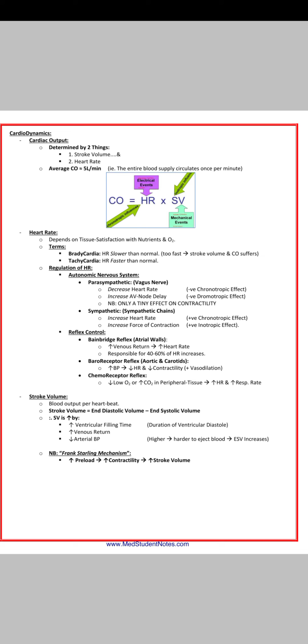So when the arterial blood pressure decreases, the ventricular contraction increases, and the stroke volume increases proportionately. When the blood pressure is higher, it is harder to eject blood, which increases ESV.